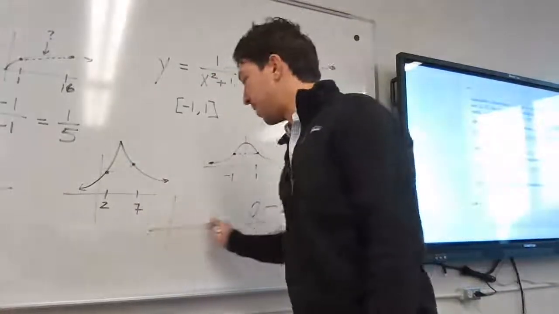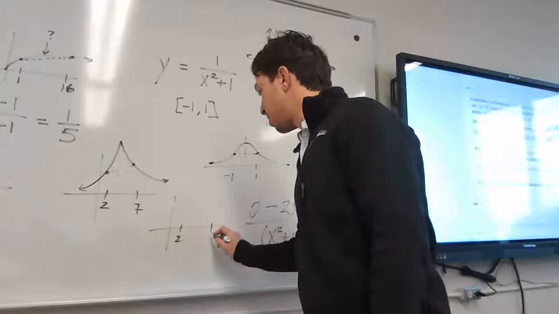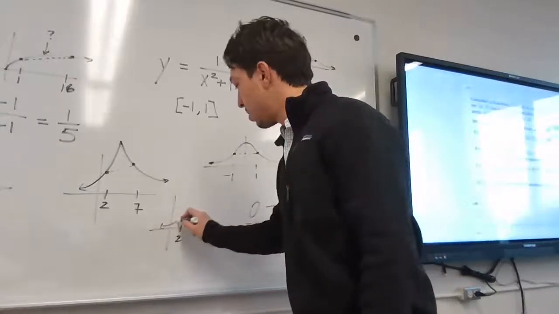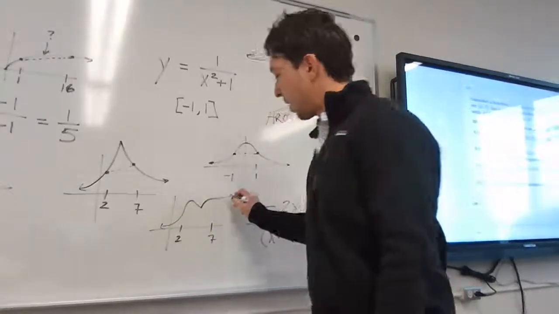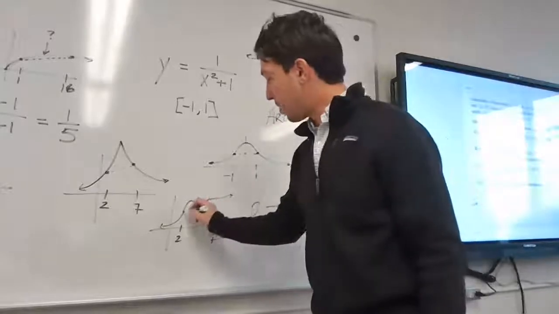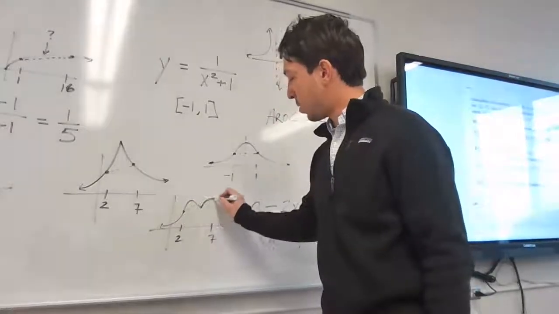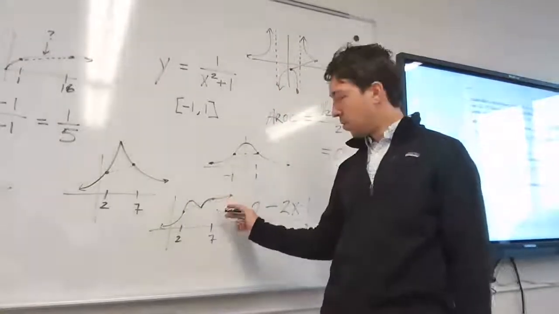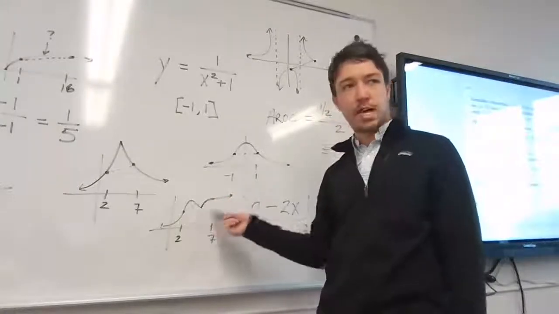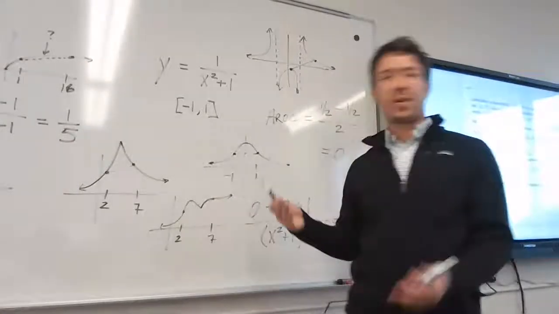But you could certainly have a function that does this, and then on this one, there's actually 2 spots where the derivative is equal to the average rate of change. So does that make sense?